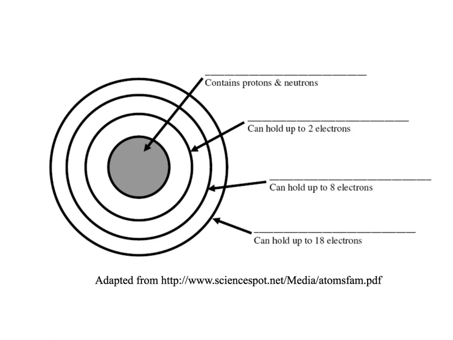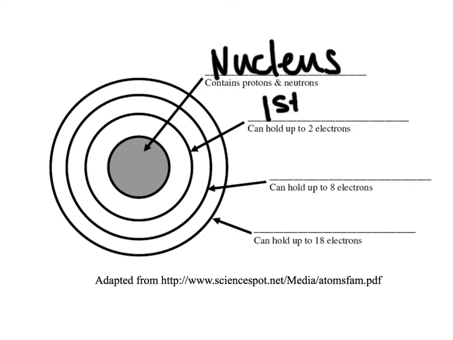So when we're putting electrons into our model, a couple things you have to keep in mind. First thing is the center of the atom is the nucleus. So since that's the nucleus, we don't have any electrons there. It's only protons and neutrons. After that, our first energy level, our first shell, is going to hold up to 2 electrons.